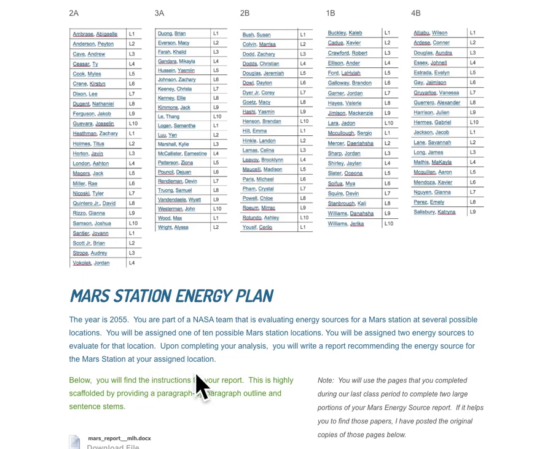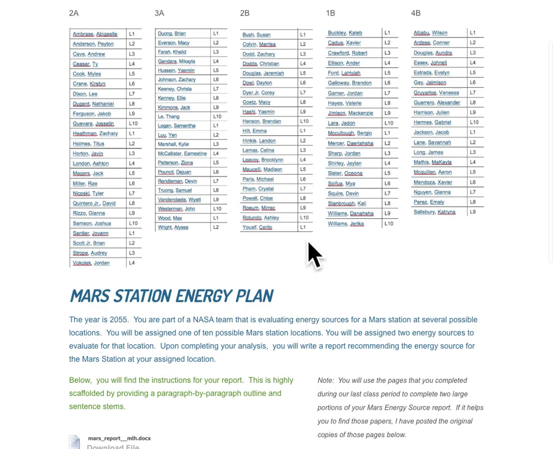You're going to be assigned one of those 10 possible locations, and you have already been assigned 2 energy sources. When you finish analyzing these 2 sources, then you're going to write a report that recommends the energy source for the Mars station at that location.